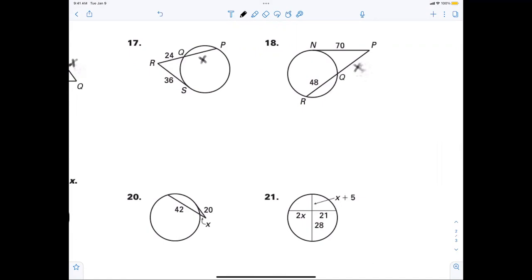Everybody's looking at 18. So how are we setting this up? 70 squared equals X times (48 plus X). Yeah, that's what I'm thinking. Now this just requires some quadratic work.